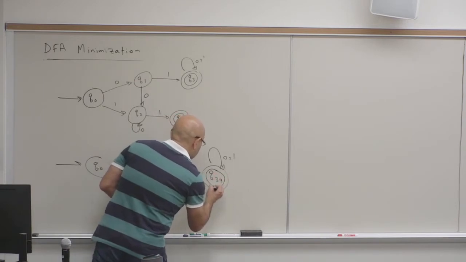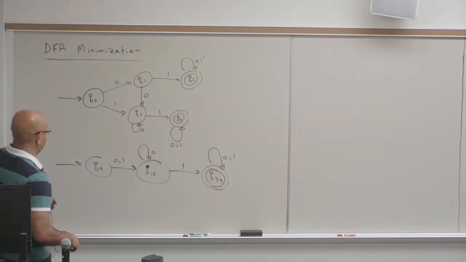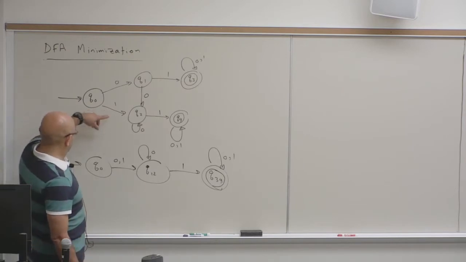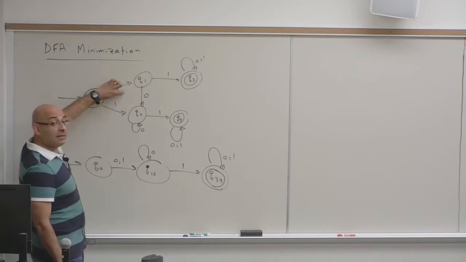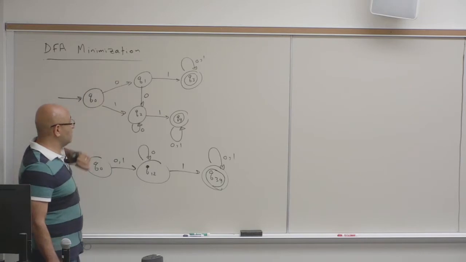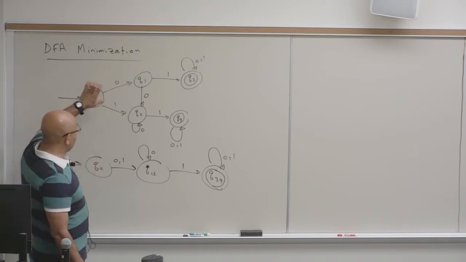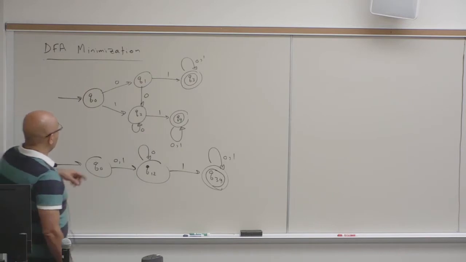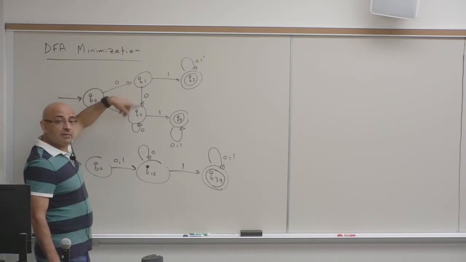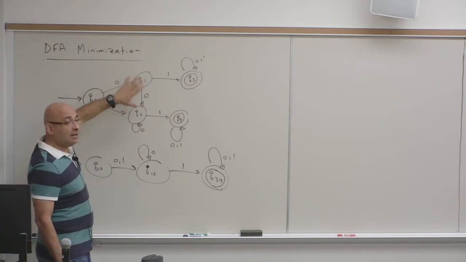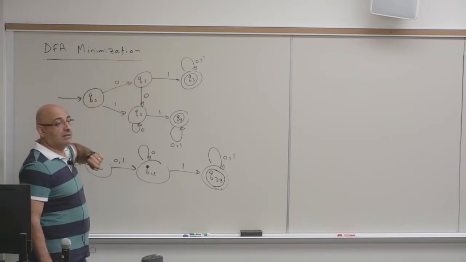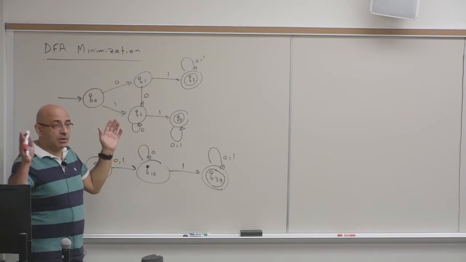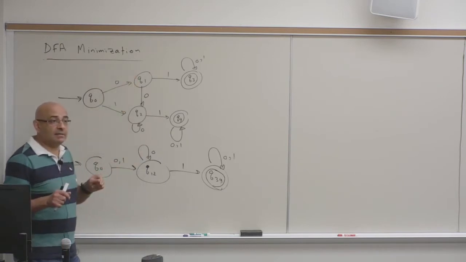Now why? Let's try first to rationalize this. What's this language here? It's like saying you first need a 0 or a 1. Then you will need a 1 to get you to an accept state. Just any symbol, a 0 or a 1, can take you to the intermediate state.